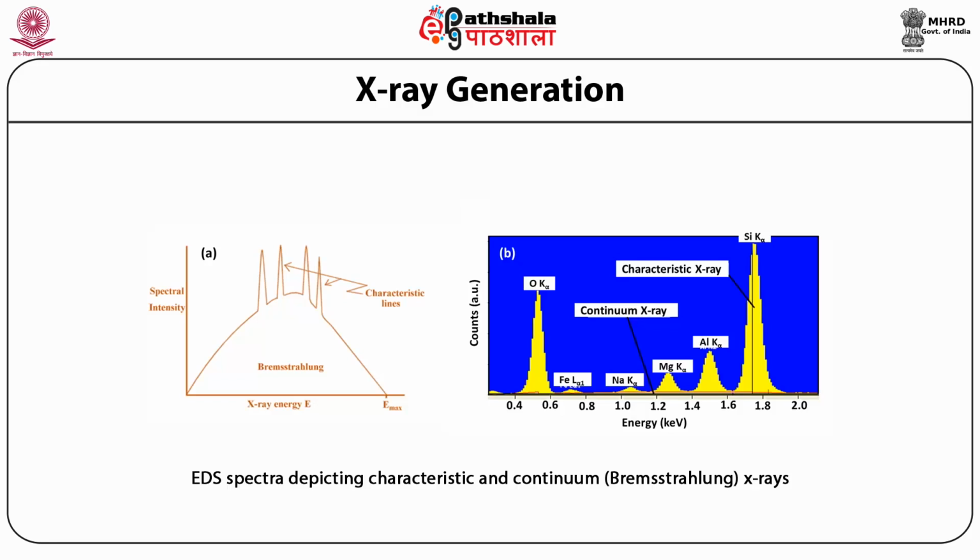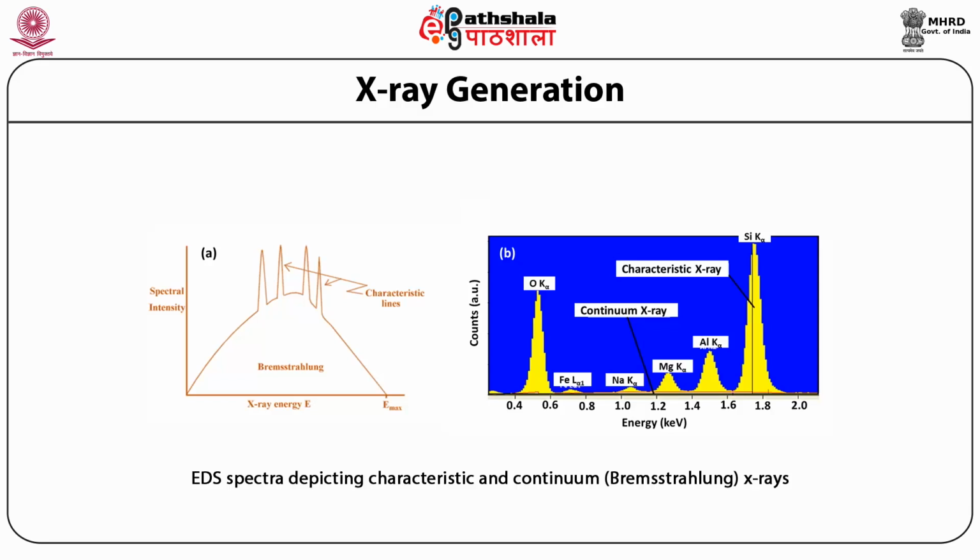These are characteristic X-rays and continuum X-rays. In the first category, the characteristic X-rays are produced when electrons from the incident beam eject inner shell electrons from the specimen. The characteristic X-rays are identified as peaks on a background of continuum X-rays.